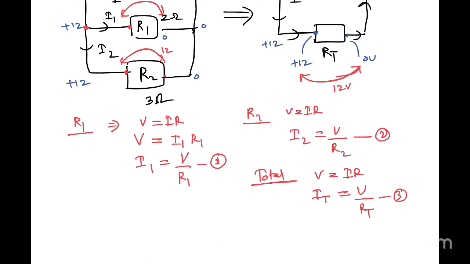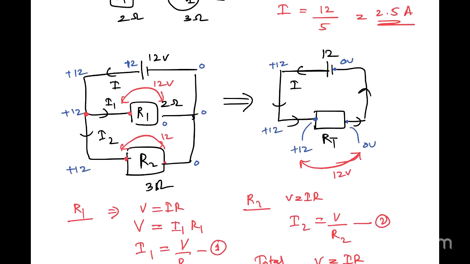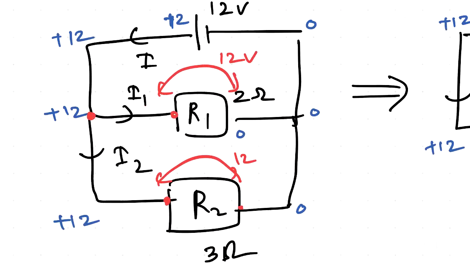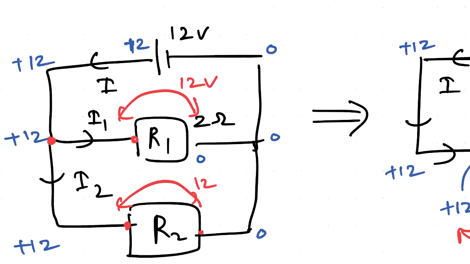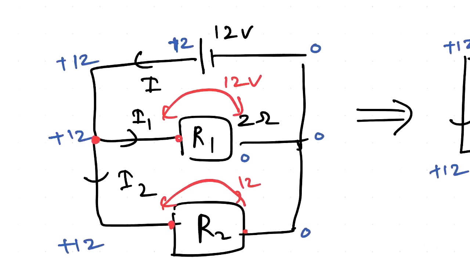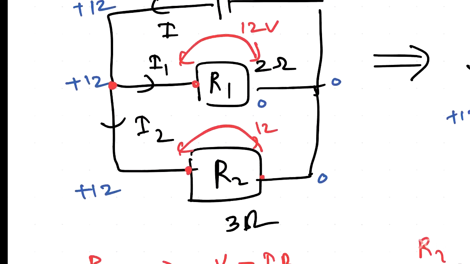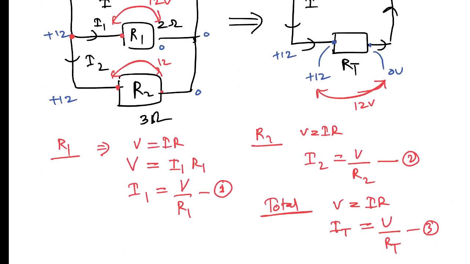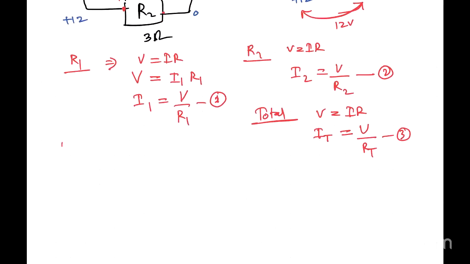This is the third equation. So the total current is the thing that you have in all these circuits, and it will be divided into I1 and I2. So I can write that I total is equal to I1 plus I2.